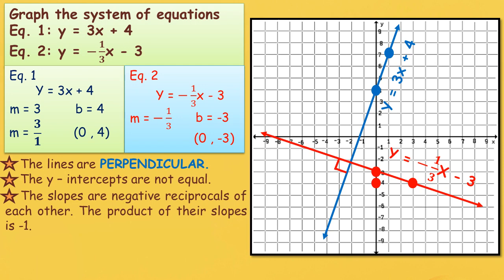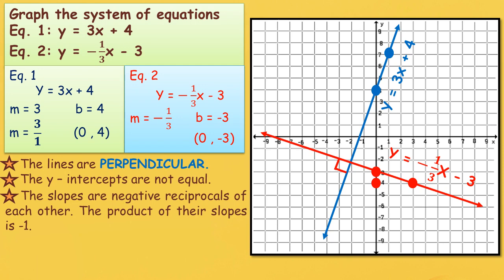Now let us find the next one. The slopes are negative reciprocals of each other. The product of their slopes is negative 1. Tignan nga natin, ang slope ng first equation ay 3. Ang slope ng second equation is negative 1/3. Yes, they are negative reciprocals. Also, pag pinag-multiply natin yung 3 at negative 1/3, ang sagot ay negative 1.